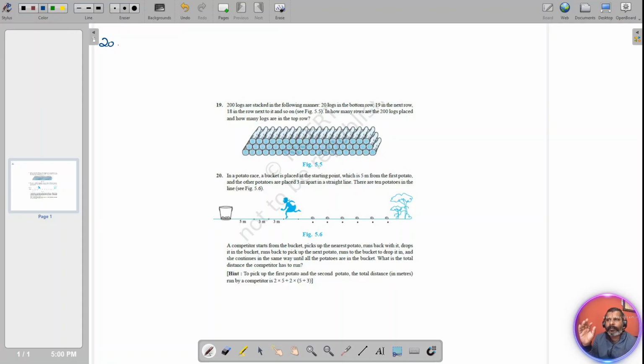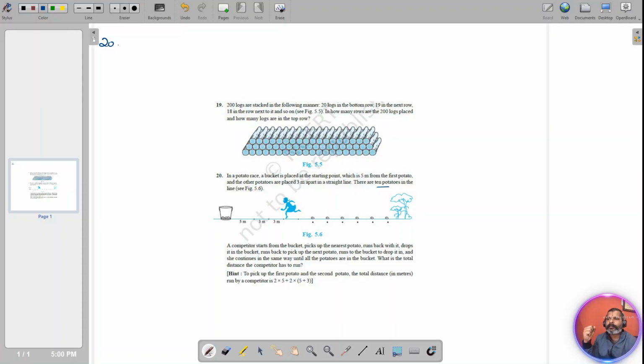A competitor starts from the bucket, picks a potato and drops it in the bucket. Again she runs back, picks the second potato and drops it in the bucket. Like that, she'll complete. There are 10 potatoes in the line. The question is, what is the total distance the competitor has to run?